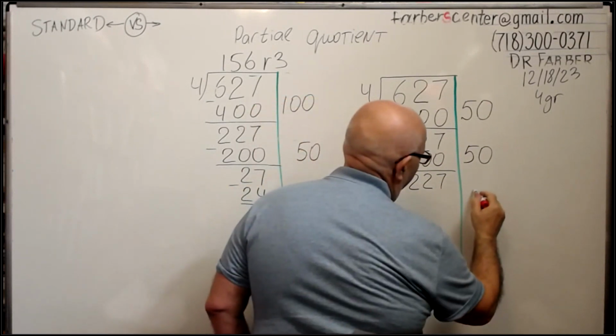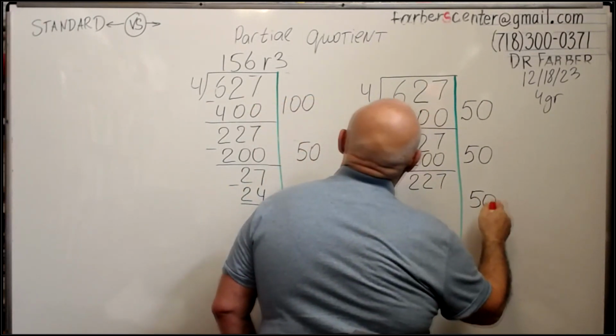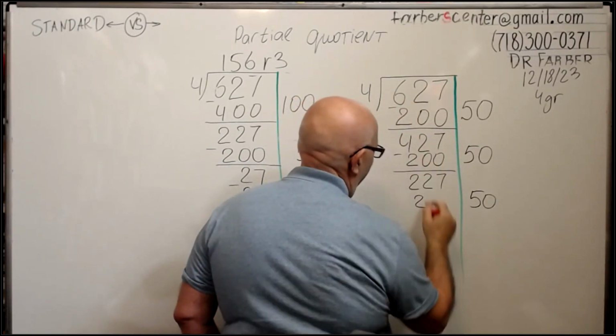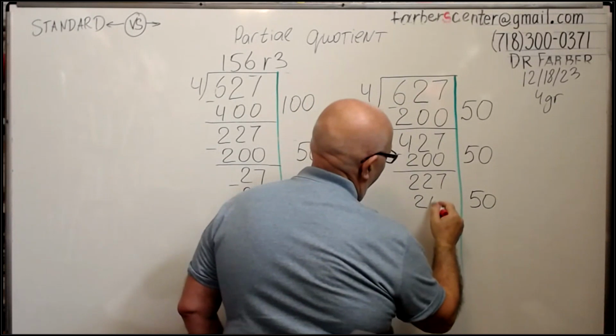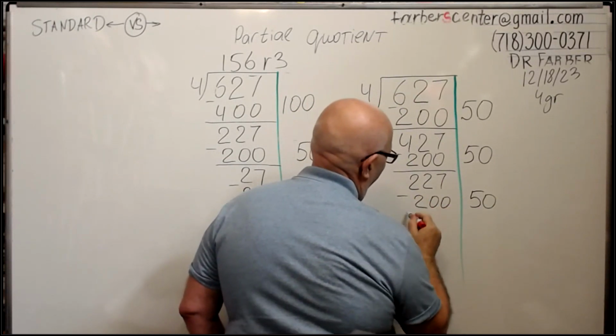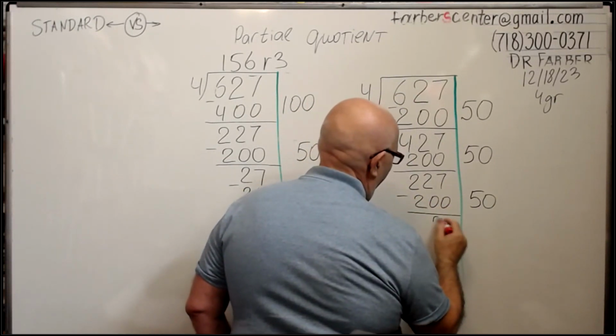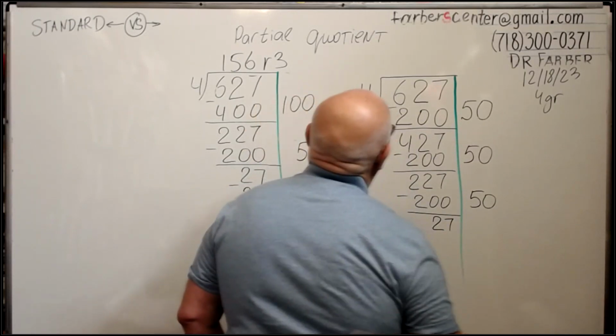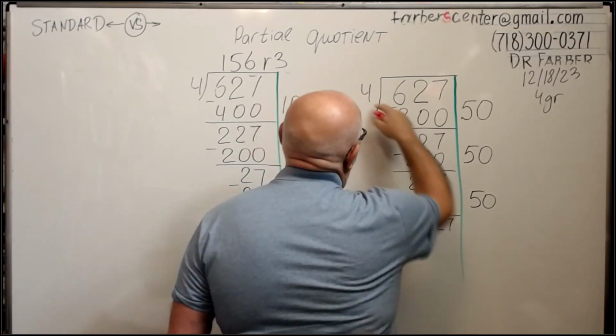I like 50. 50 times 4, 200. 27. 6 times 4, 24.